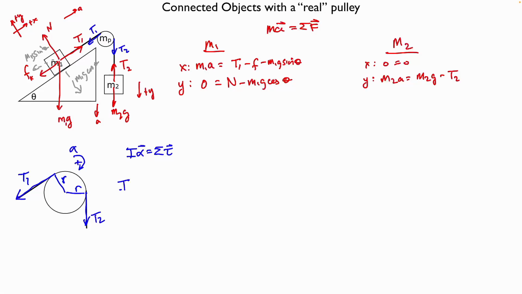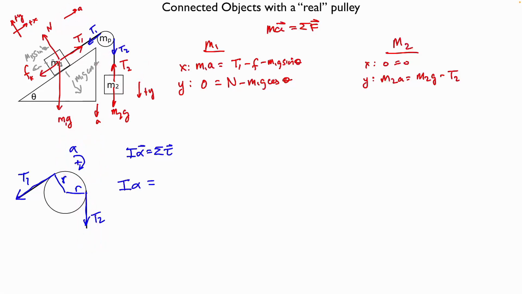MA instead is now I alpha. I just write I alpha equals, it's like a template. It's going to be that same thing every single time. I'm not going to think about that because I don't have to. I've made sure that my directions are going to be consistent everywhere in my problem.